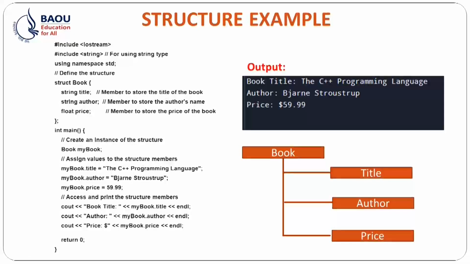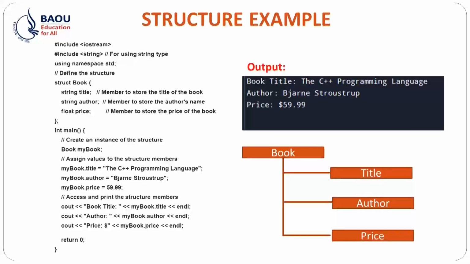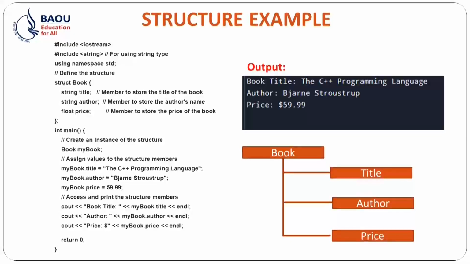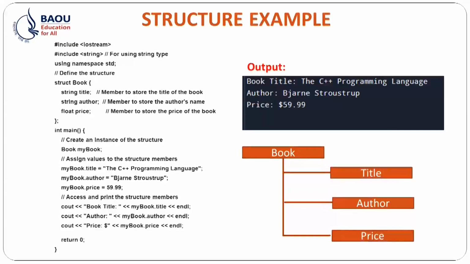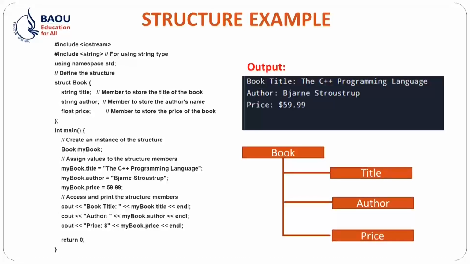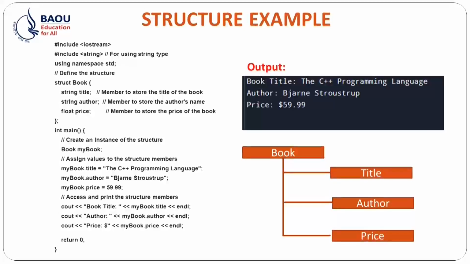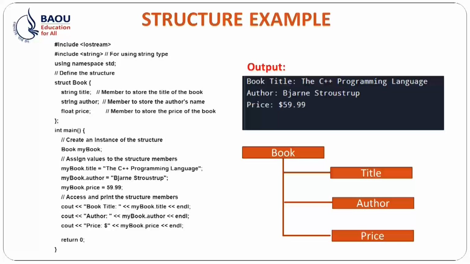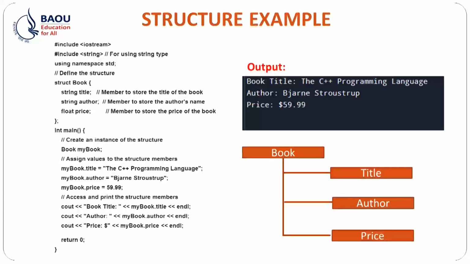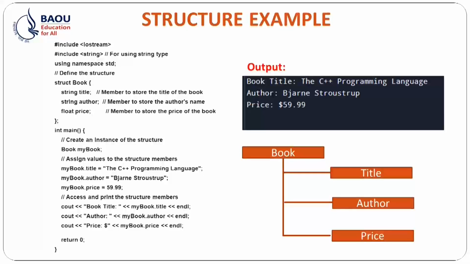In that, we have three data members: string title, string author and float price. As you can see, all the members do not have the same data type. Title and author have the same data type, but price is another data type. We use structure for having different data types in a single unit.